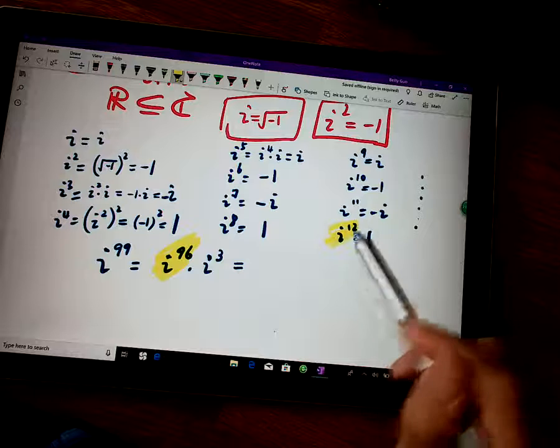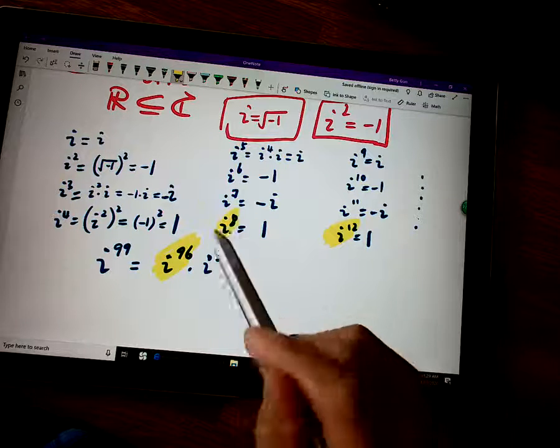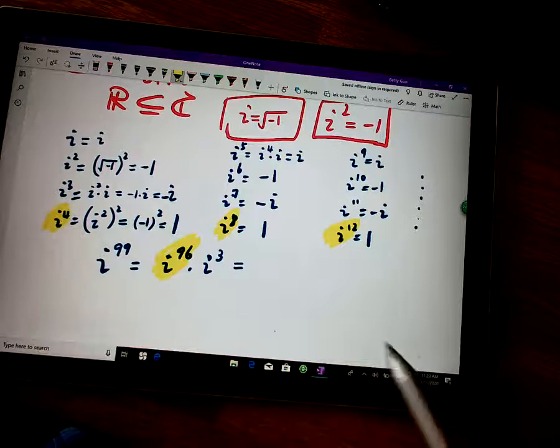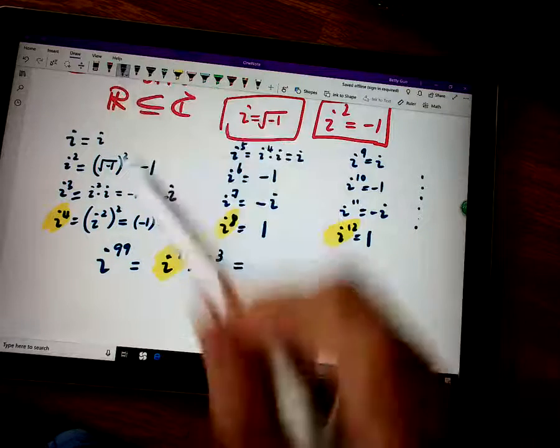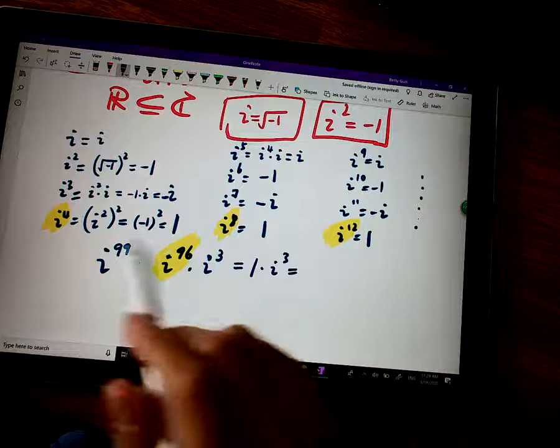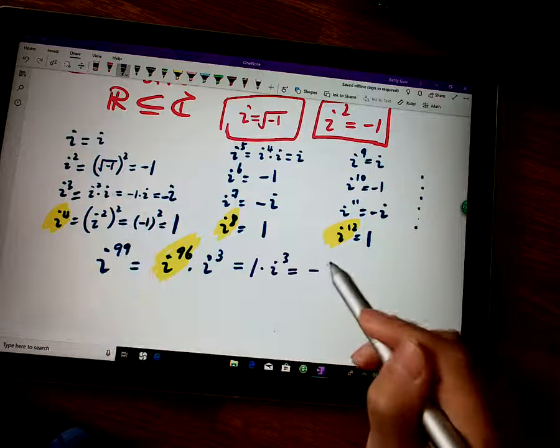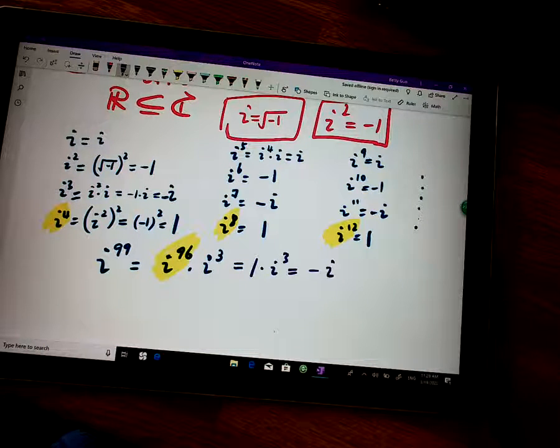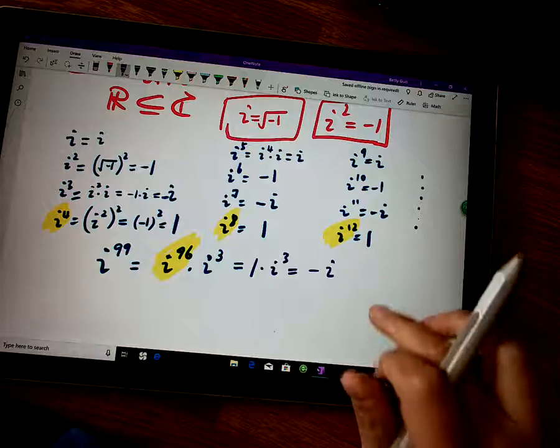If the exponent is divisible by 4, that is 1. Do you remember that? So i to the power of 96 is just 1. And what about i to the power of 3? Negative i. See that? Okay.